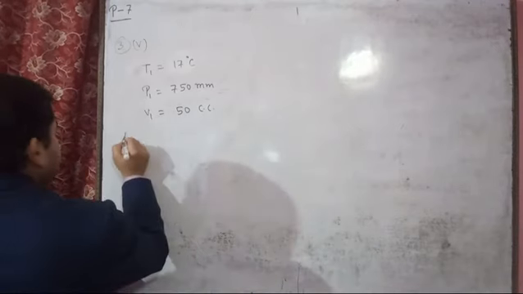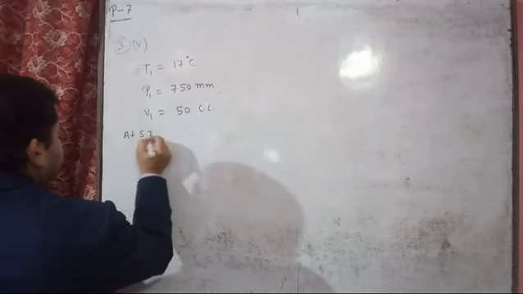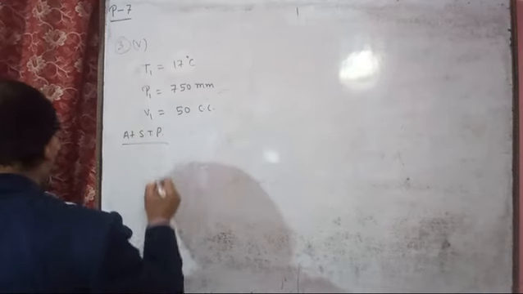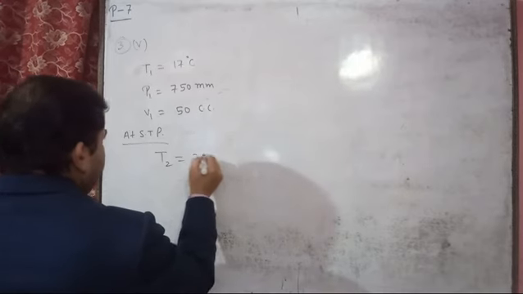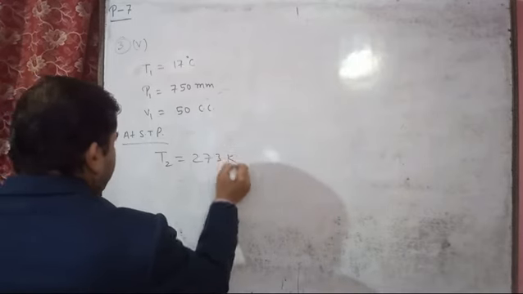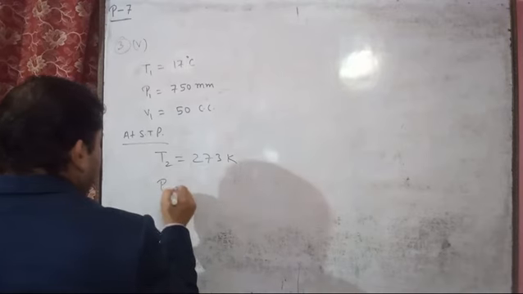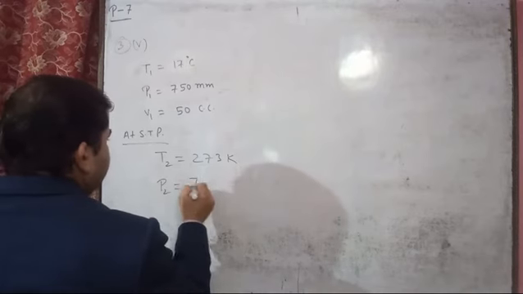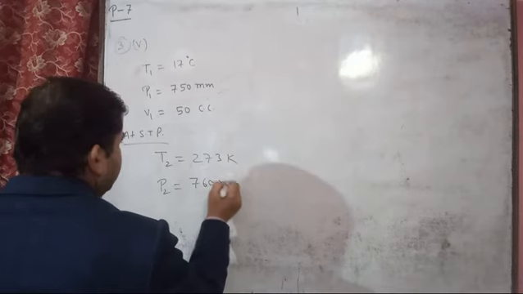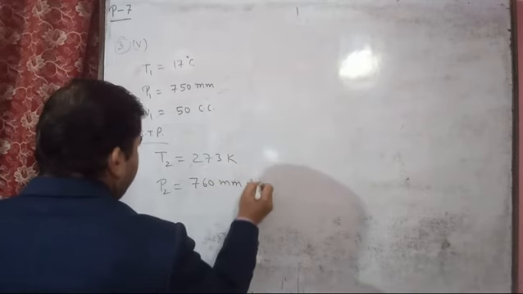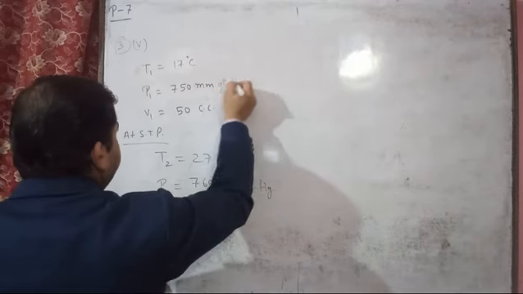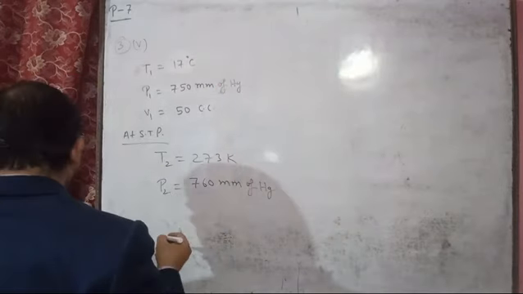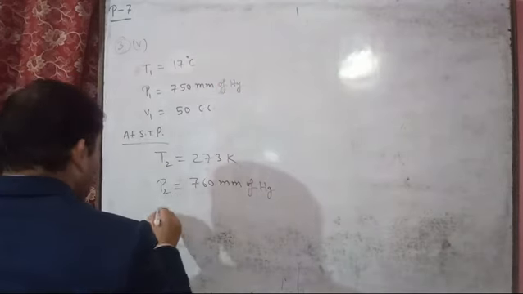At STP, T2 is 273 Kelvin and P2 will be 760 mm of Hg, and we have to determine the volume V2.